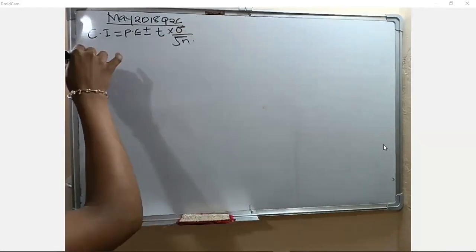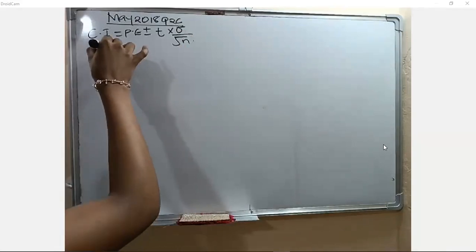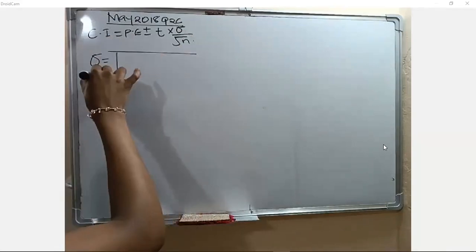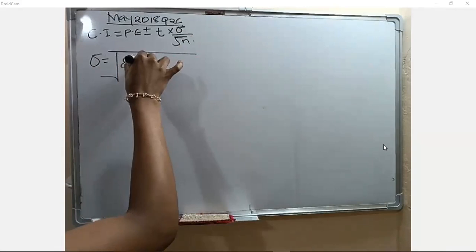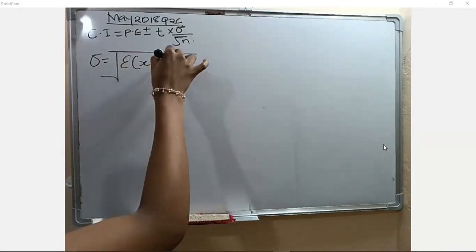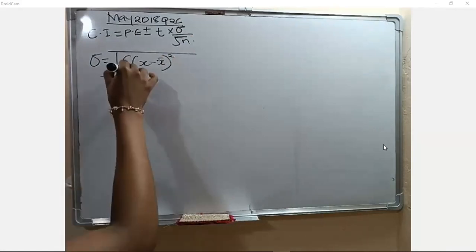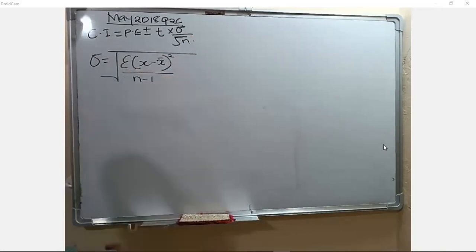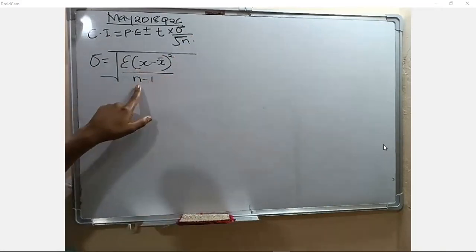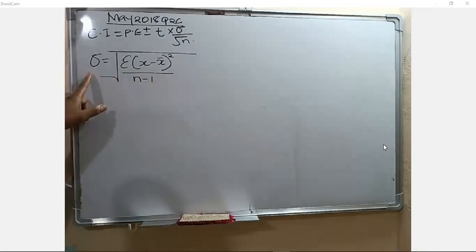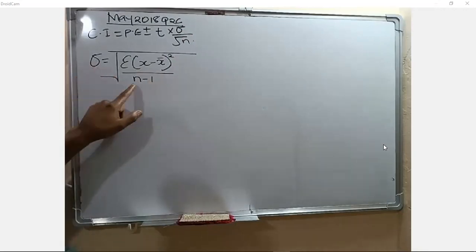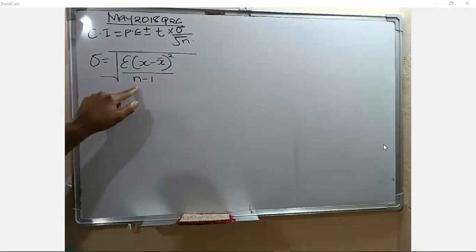We take the summation of x minus x bar, which is our mean, squared, then divide by n minus 1 because the sample size is less than 30. If it was greater than 30, you divide by n alone. Let me repeat: if you are calculating the standard deviation and the sample size is greater than 30, you divide by n only, but if it is less than 30, you divide by n minus 1. I think that is clear.